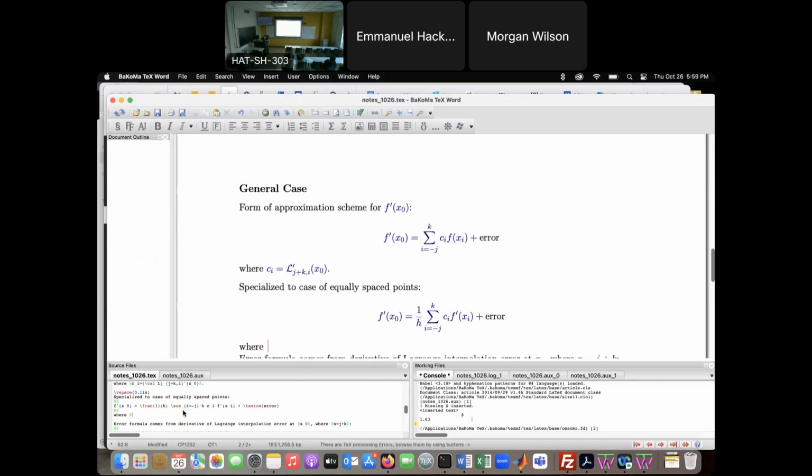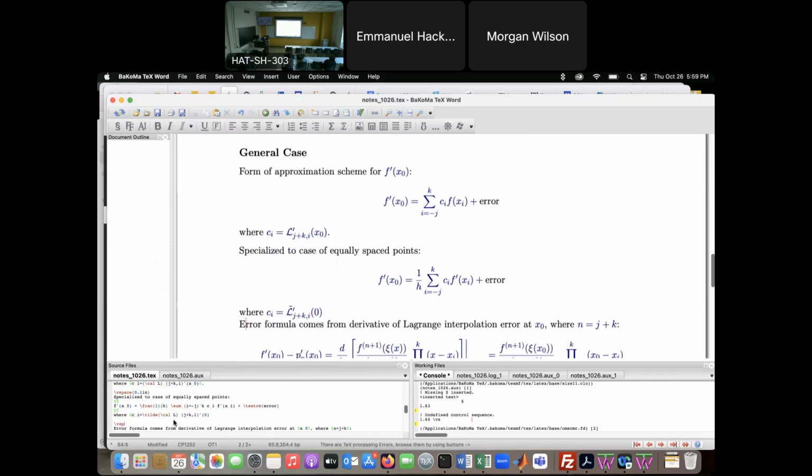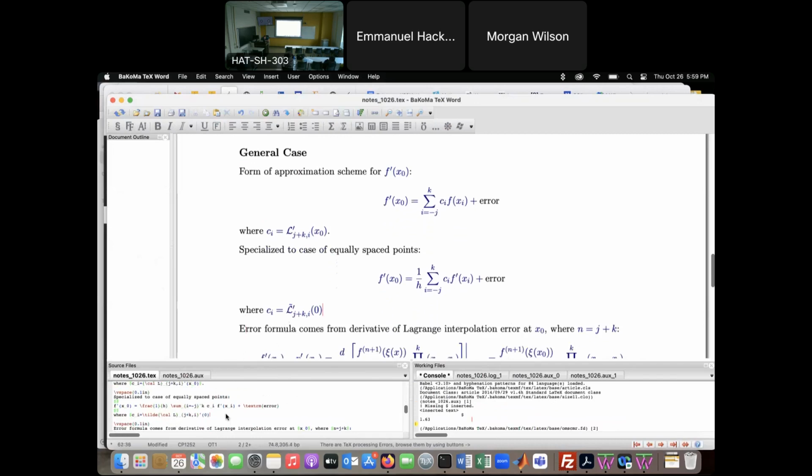Where each coefficient is the derivative of different Lagrange polynomials. So here I use tilde.